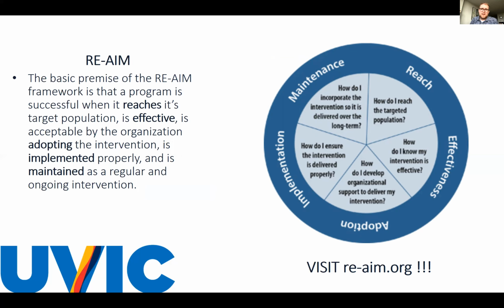Maybe the implementation is used as part of the process evaluation for CFIR, but then RE-AIM is used for your outcome evaluation, because RE-AIM really wants to look at whether or not the program reaches its audience, whether it was effective in producing the changes that you had hoped it would, whether it was acceptable and adopted by the host organization, so the sponsor, whether it was implemented properly and whether it was maintained.